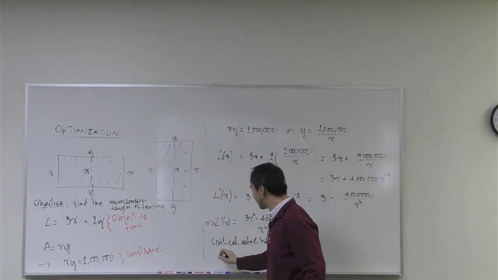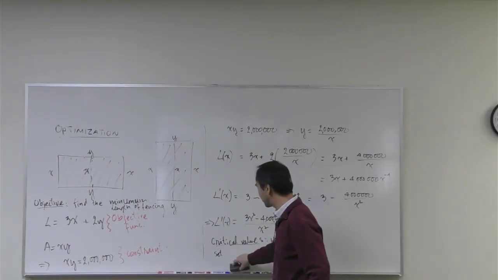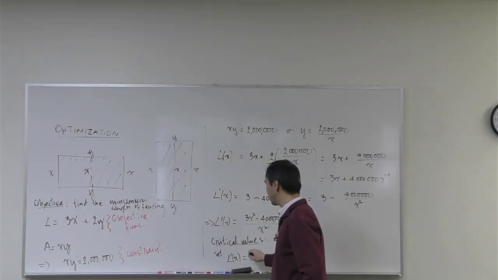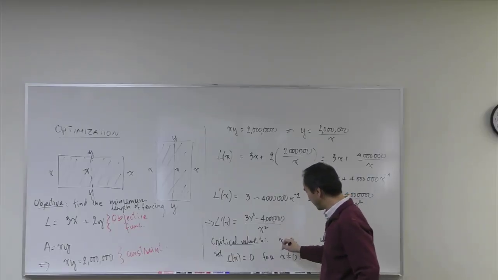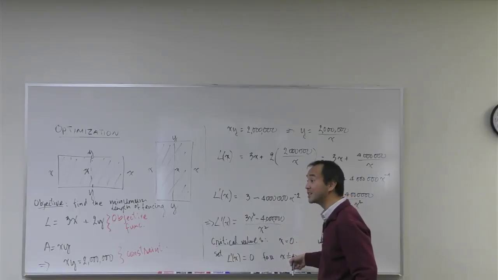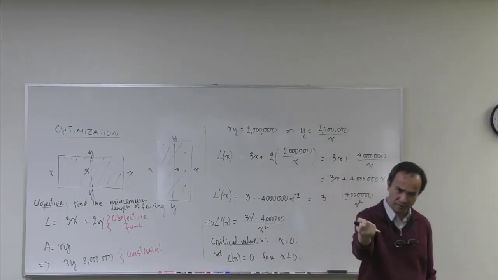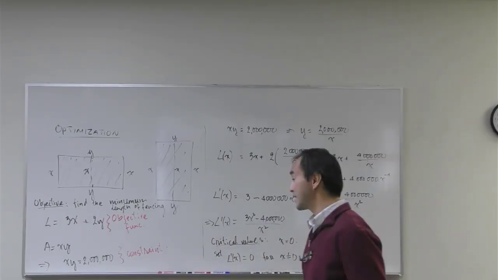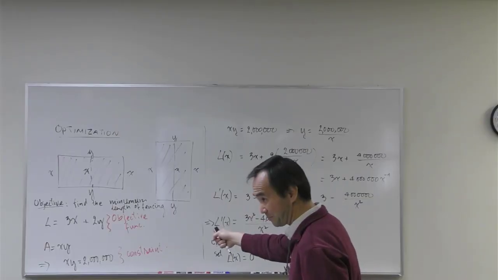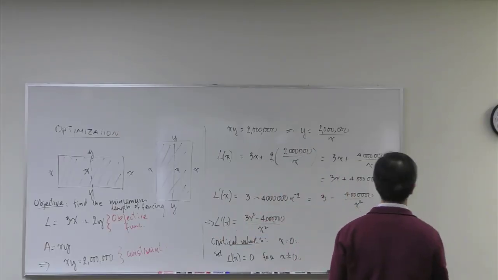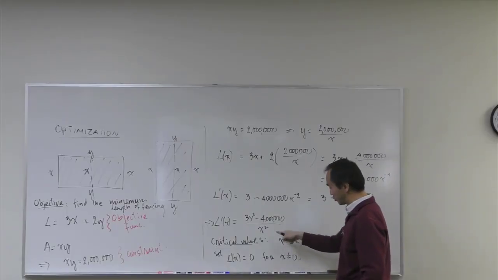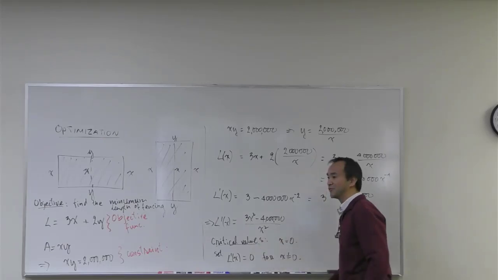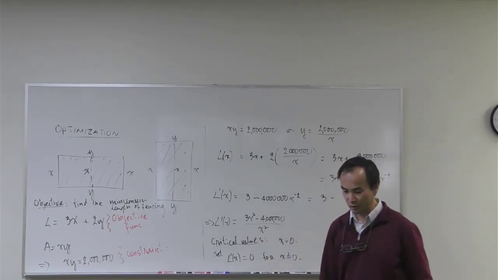We need to set L prime of x equals 0, for x other than 0. So x equals 0 was already a critical value. Remember, a critical value is where the derivative equals 0 or the derivative is undefined. We already found the one x value making the derivative undefined, so now we advance to finding all the x values making our derivative 0.